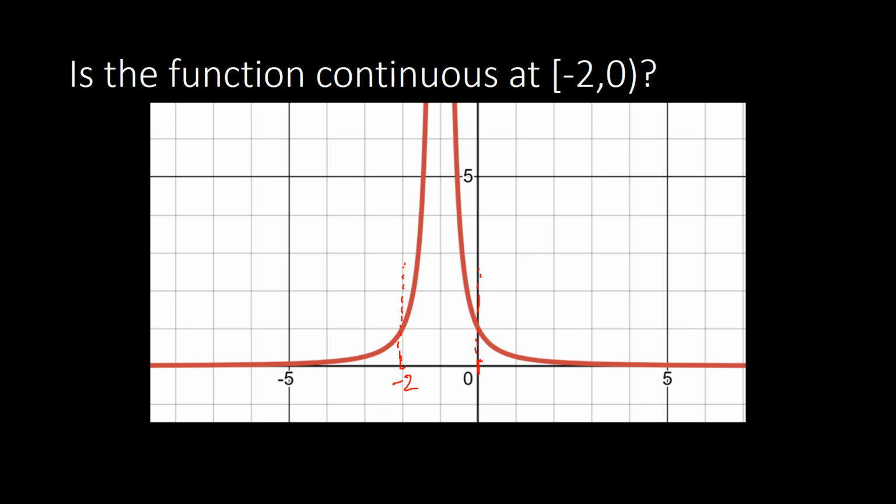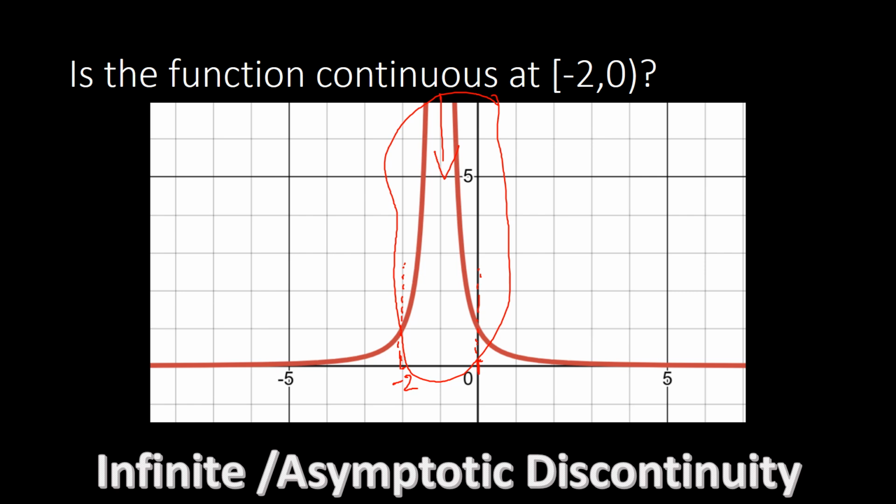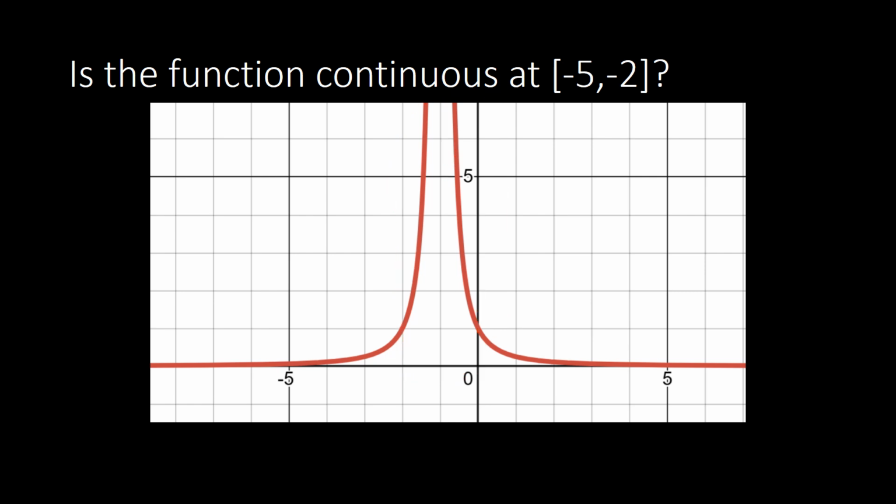Is there a gap? Is there a break on the graph? Tracing that portion, you can see that this is really a gap, which means that this is discontinuous in this particular interval.